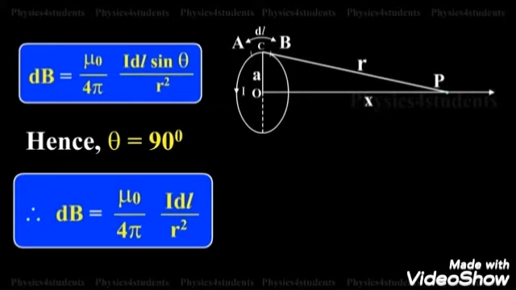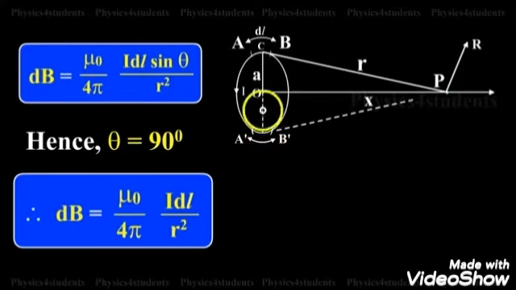Since the direction of dB is perpendicular to I dl and CP, it is acting along PR. Now we consider the diametrically opposite element A dash B dash. The magnitude of dB due to this element is the same as that of AB, but its direction is along PM.